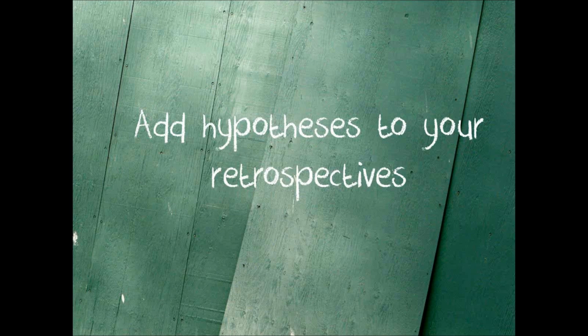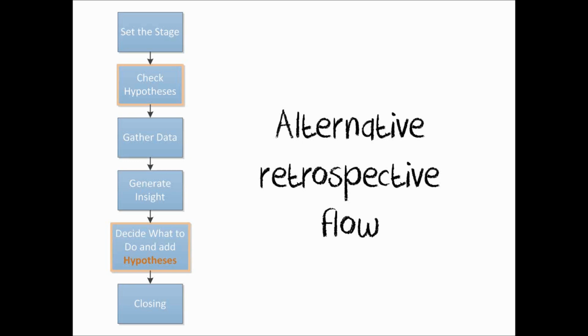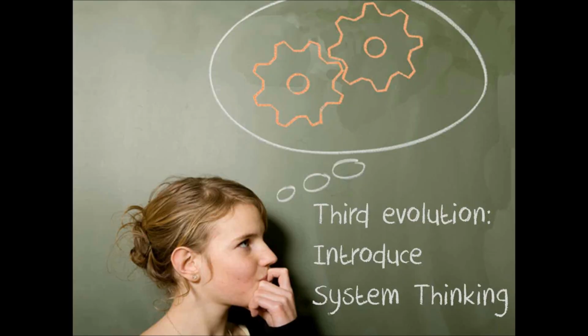What I did was take the 5 phases from Esther Derby and Diana Larsen and add hypotheses to retrospectives. So the flow looks like that. You still have the set the stage phase, but then you have a phase where you are checking your hypothesis. The idea is that at the end of your retrospective, when you're writing down the activities you want to do in your next iteration, the things you want to change, you're doing it because of what?